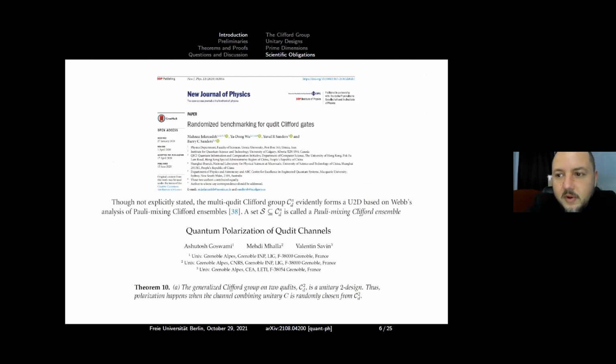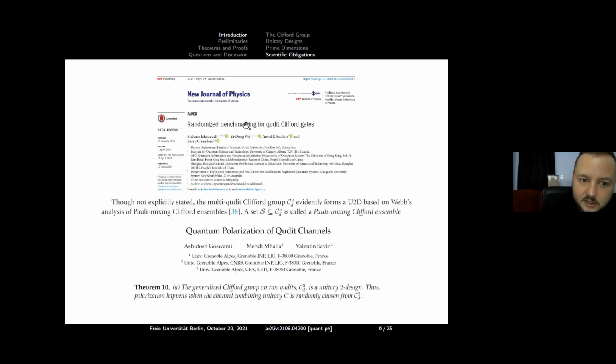Zach Webb and Huangjun Zhu in 2017 both put a paper on the arXiv showing that the Clifford group was a 3-design for qubits. And it is the paper by Huangjun that I referenced in this talk.